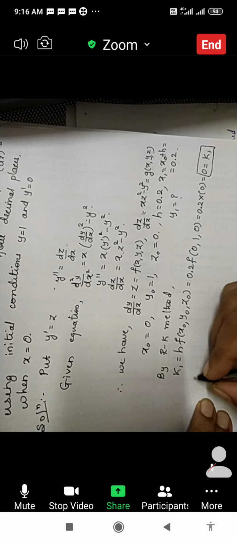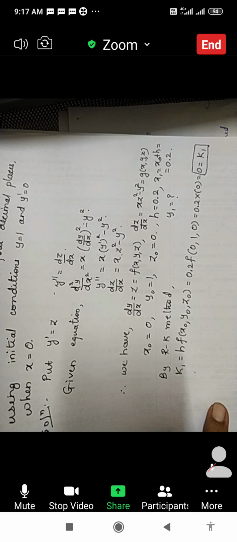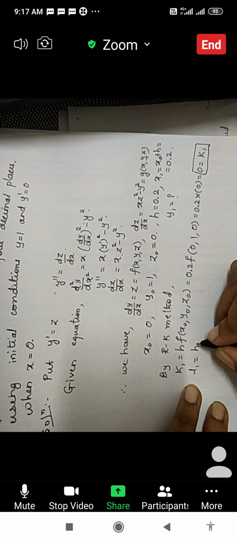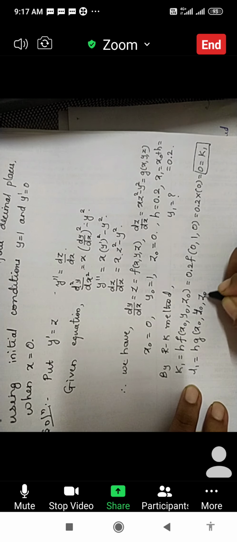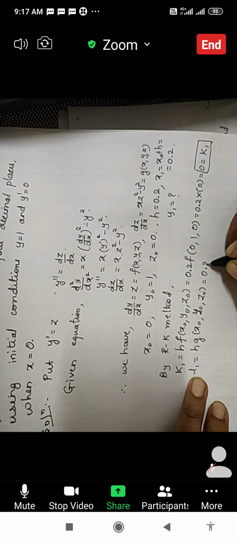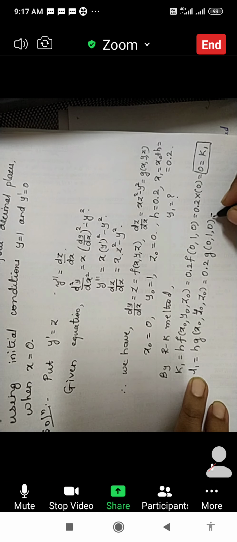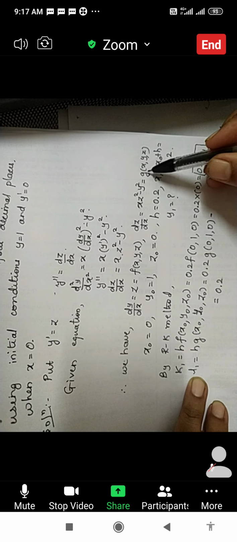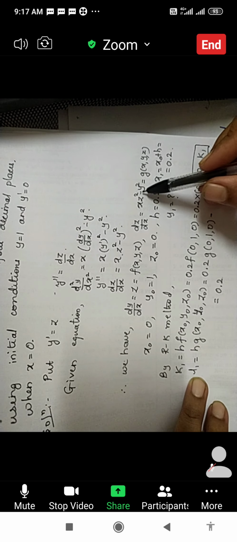Now, after this, what do we have to calculate? L1. The formula is 100% the same, but instead of f it has to be g. h is 0.2, g of 0, 1, 0. Now see how the function g is defined. g of x, y, z is x into z square minus y square.